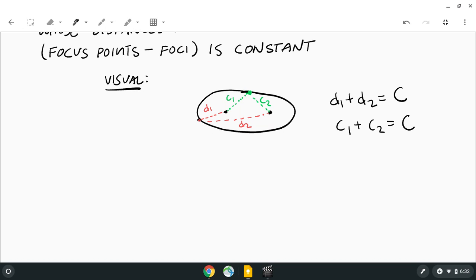So that's the geometric definition of the ellipse.